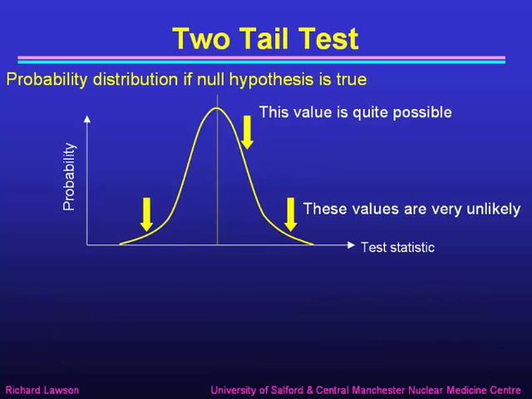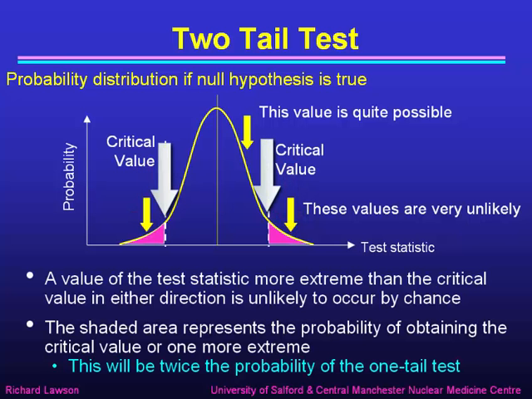If we're dealing with a two-tailed test, it's a little bit more difficult. Here's again the same probability distribution, and we know a value near the middle is going to be quite possible, but ones towards either tail at the left or the right are very unlikely. So now we have two critical values, and a value of the test statistic more extreme than the critical value in either direction, that is to the right of the upper value or to the left of the lower one, is unlikely to occur merely by chance.